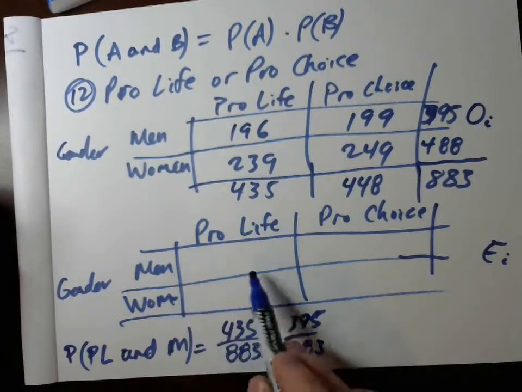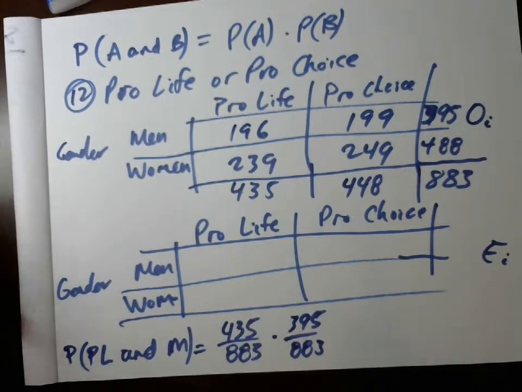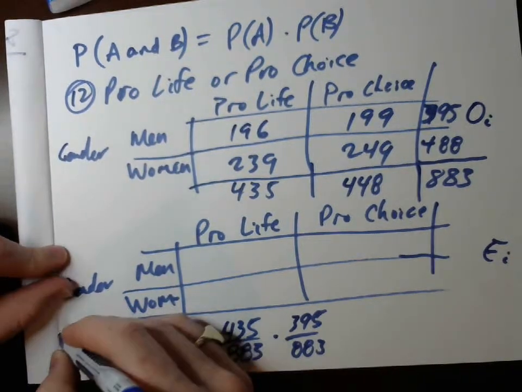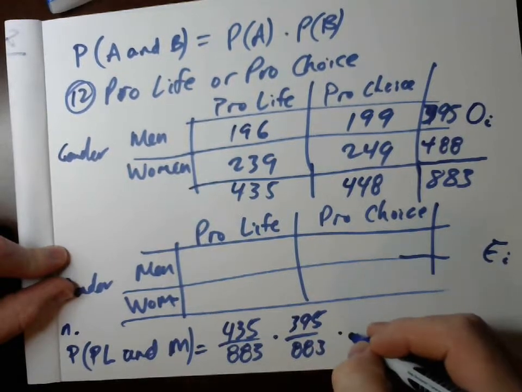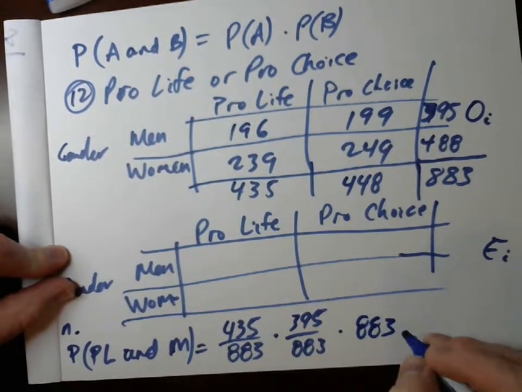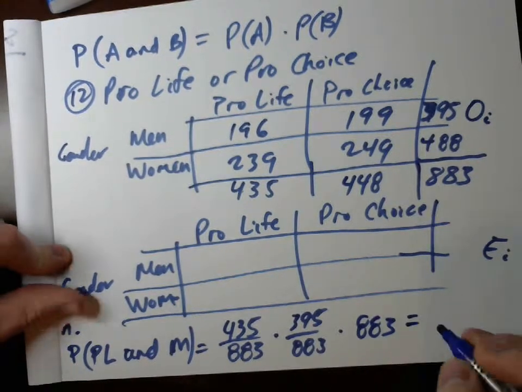But we don't want to just find the probability. We want to find the count. The count is based off of multiplying by the sample size. So we'll want to multiply that by n on both sides, which would be 883.